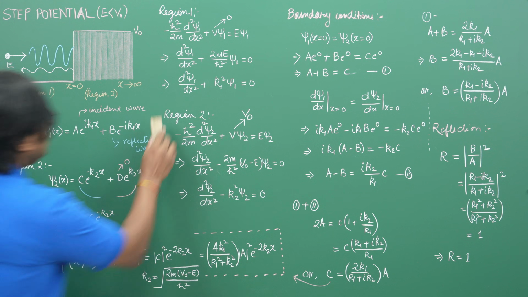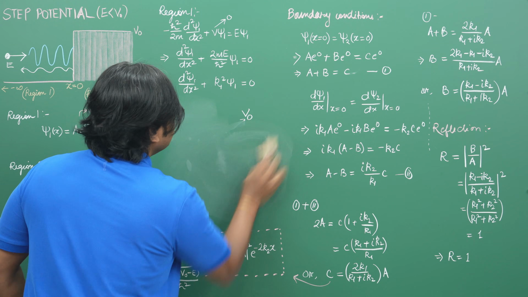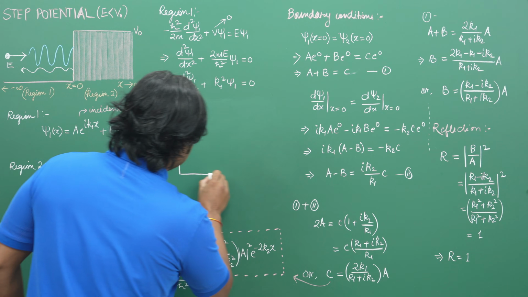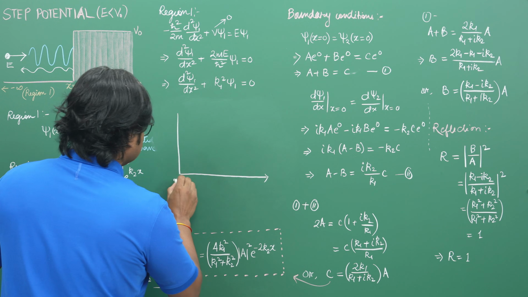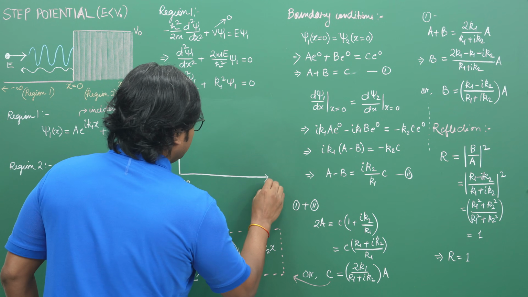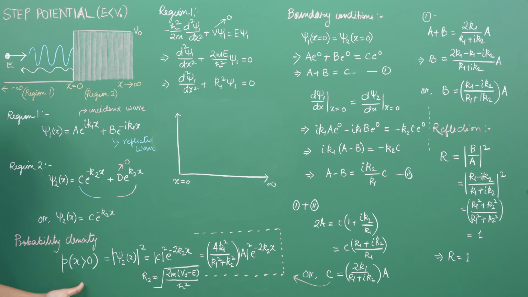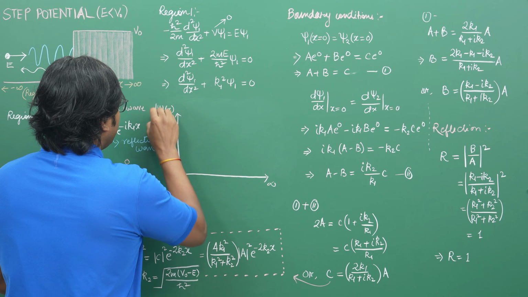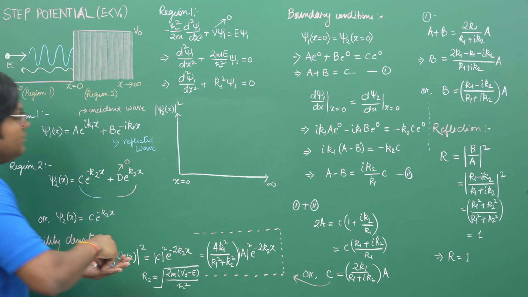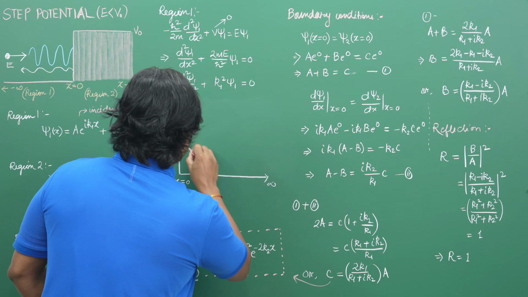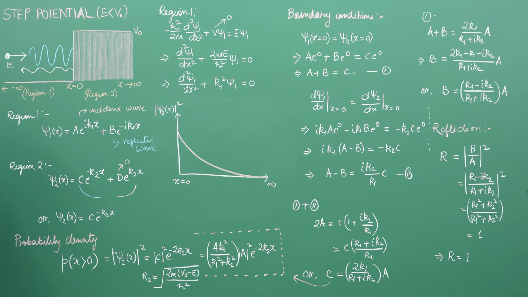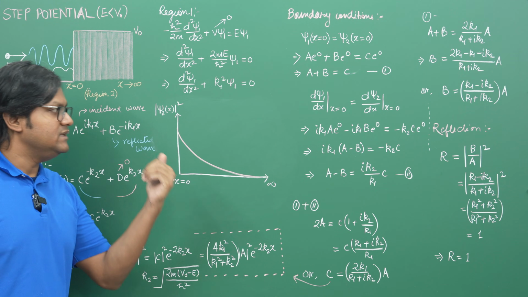So if I have to draw a simple graph to show you what's happening, for x equal to 0 going to infinity, here we have the probability density, which is psi 2 of x mod square. It simply goes exponentially down like this. That's all. This is the interesting case of the step potential, where a particle is approaching from the left and has energy less than the barrier height itself.